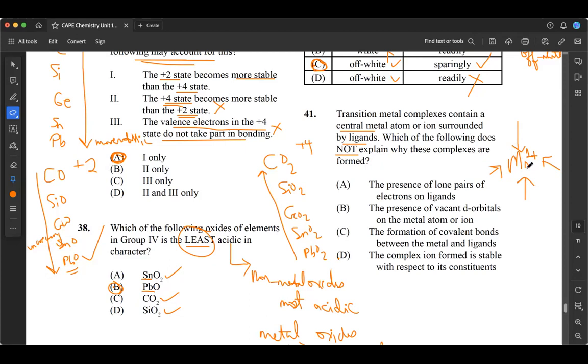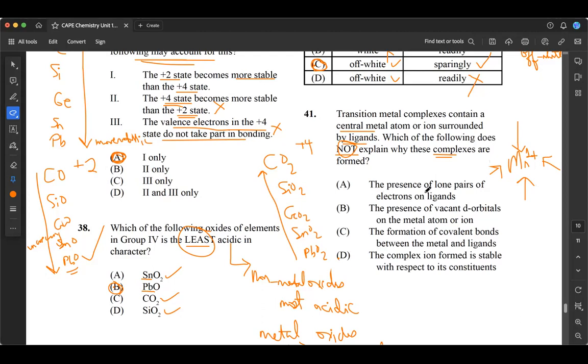So that's how transition metal complexes work. Then we're asking which of the following does not explain why the complexes are formed. So what is the key thing towards complex formation, right?